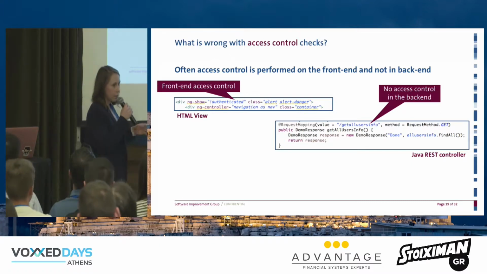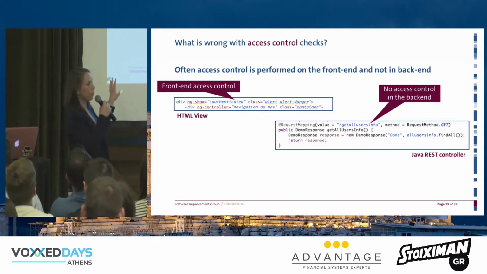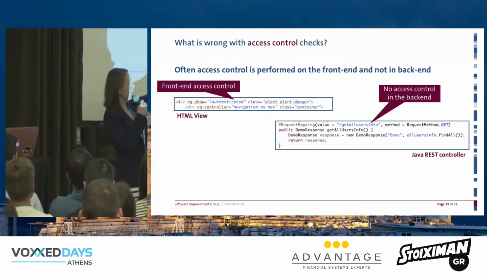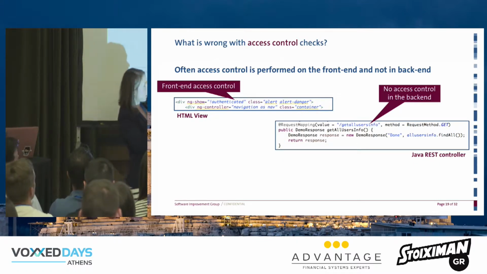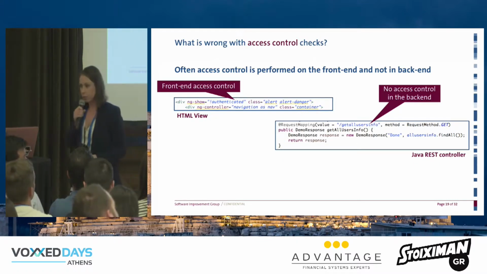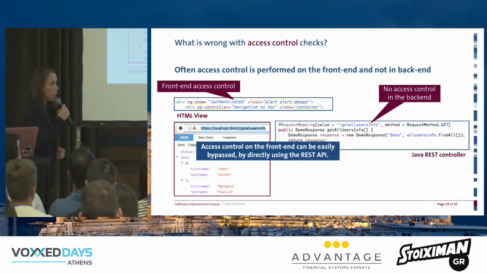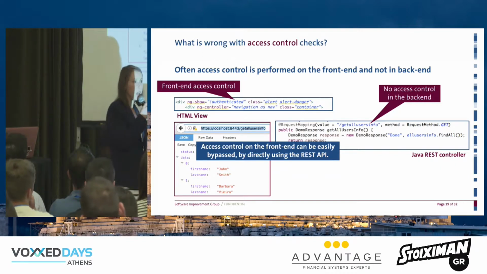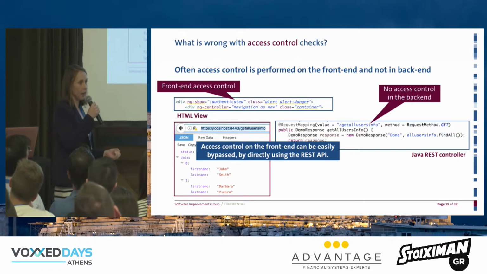This view loads something from the backend. And in the backend, you have this REST controller that just gives some data that it reads from the database. So this is easy to bypass because you can easily call the REST API directly. So you can get all your data.